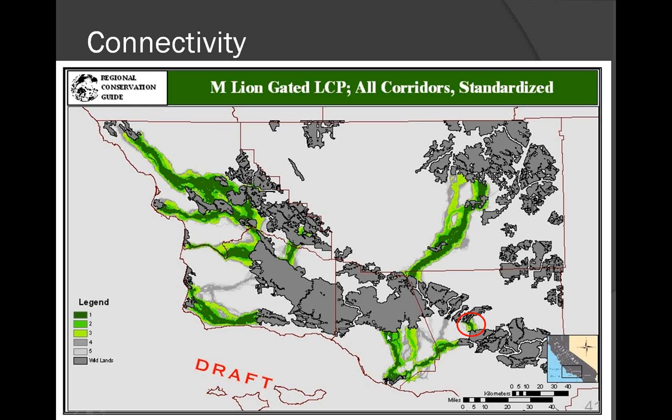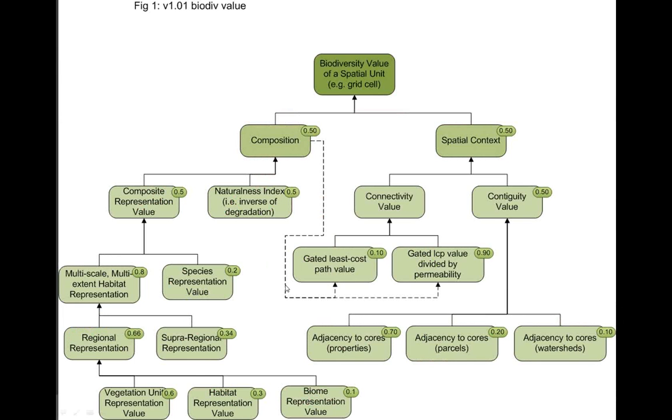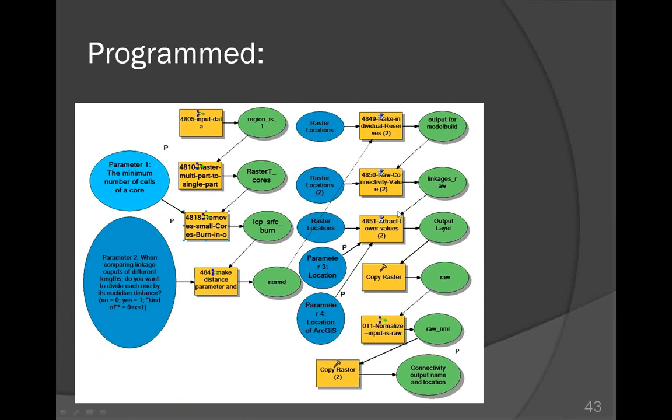It's based on least cost path, but it actually shows width of corridors instead of actual lines. The way I have it programmed right now, instead of having a focal species parameterize your least cost corridor, I have the whole composition branch parameterizing your connectivity value.